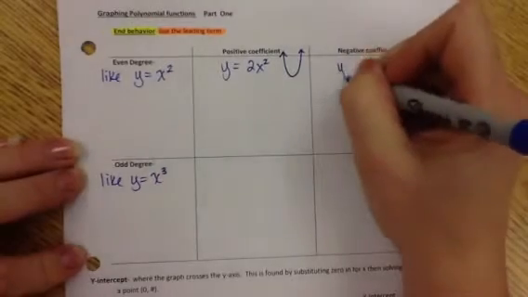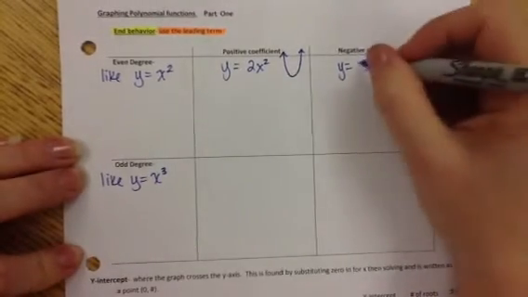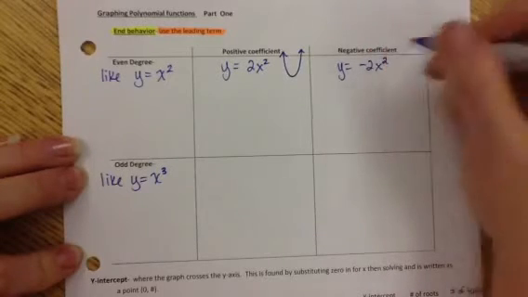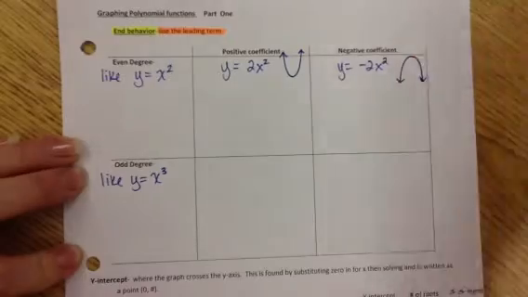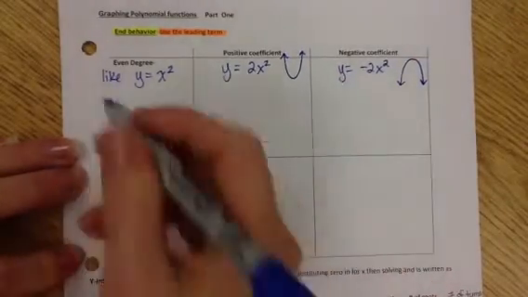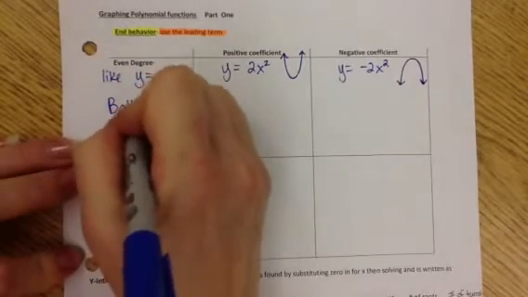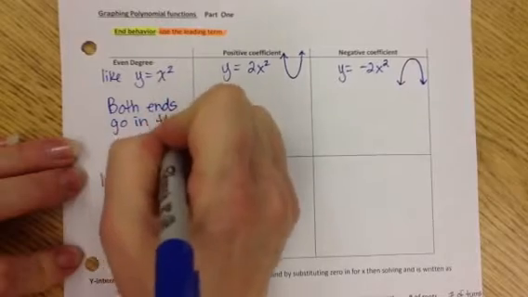If I had y equals negative 2x squared, then this is a reflection across the x-axis with that same vertical stretch, and that graph would look like this. So one thing that we should notice about even degrees is that both ends go in the same direction.